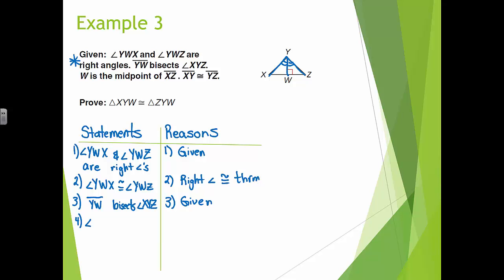So we can say that angle XYW is congruent to angle ZYW, by the definition of an angle bisector.